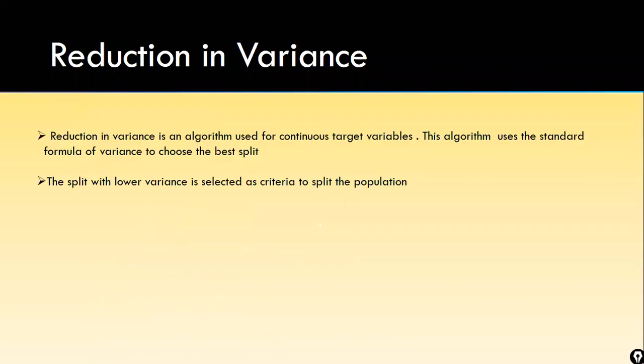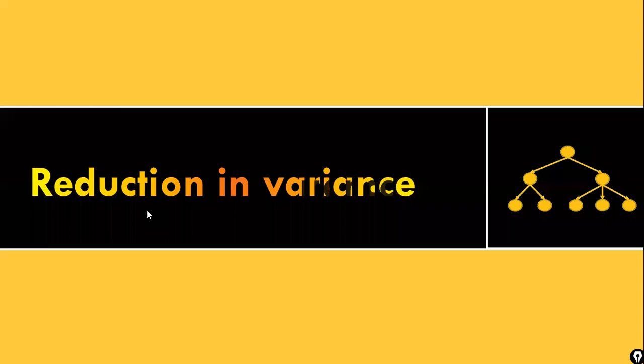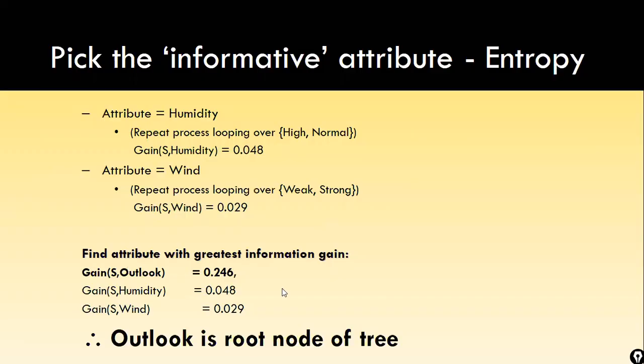Next one is reduction in variance. This one is used for continuous target variables. If it is a numeric variable, then the reduction in variance is used. In this case, the split with lower variance is selected. We all know lesser the error, better the accuracy. So far we discussed higher gain: the column which has higher gain will be considered root.